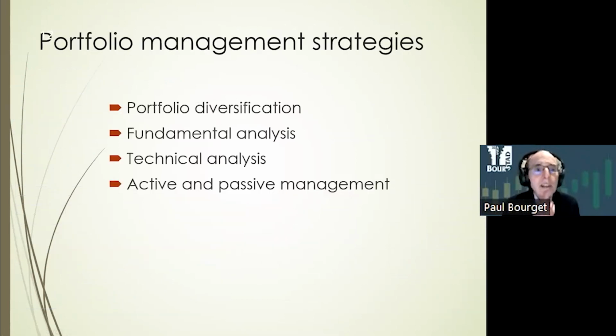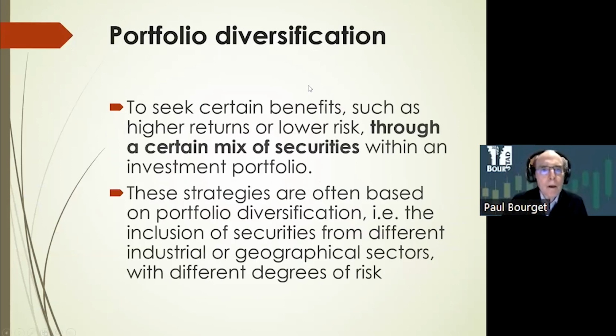Okay, let's talk now about portfolio management strategies. We'll talk about 4 strategies. First, portfolio diversification, fundamental analysis, technical analysis, and we'll talk about active versus passive portfolio management. Okay. First, portfolio diversification.